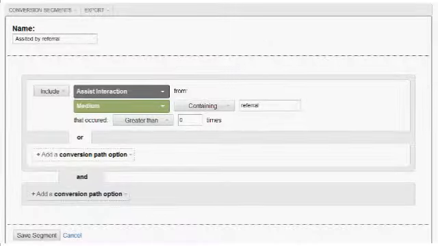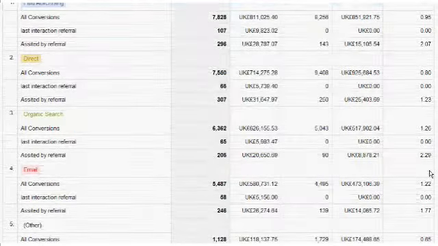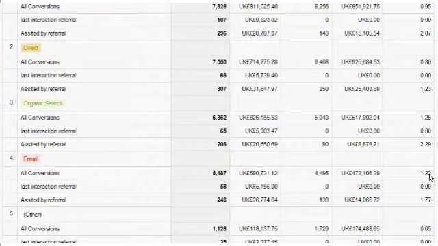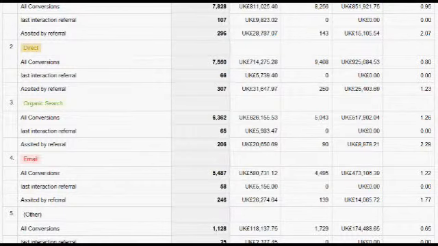We can now use conversion segments again, this time setting it to show us all of the conversions in which referrals played an assisting role. This now shows us for each channel the value of conversions for which referrals assisted. Which leads us to one critical question. Should the referrals take some of the credit for these other sales?